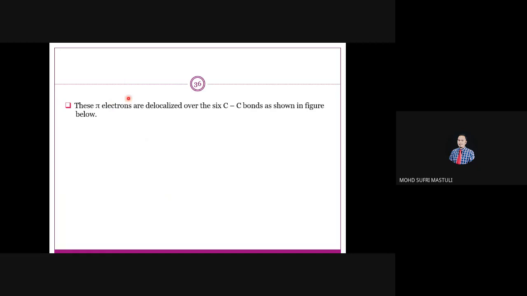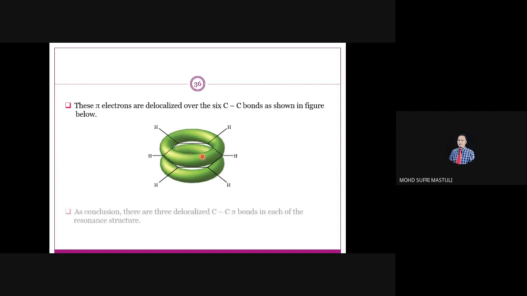These pi electrons are delocalized over the 6 carbon-carbon bonds as shown in the figure below. So the pi component in benzene moves around.